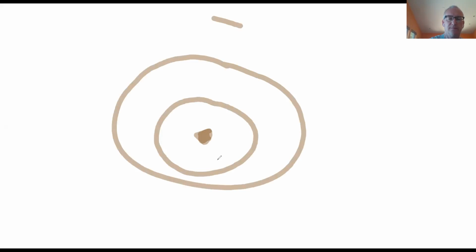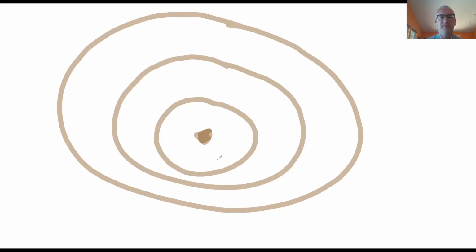When it moves, so let me write this down. So here's my nucleus, and then I have an electron. Here's one shell, here's another shell, here's another shell. So when I add energy to the atom, the electron will jump from here out to here. And we say that's the excited state.